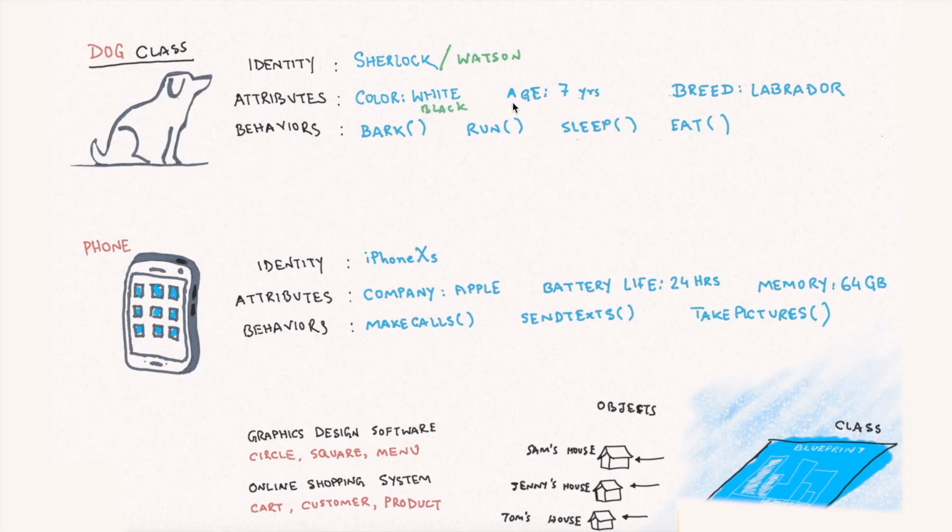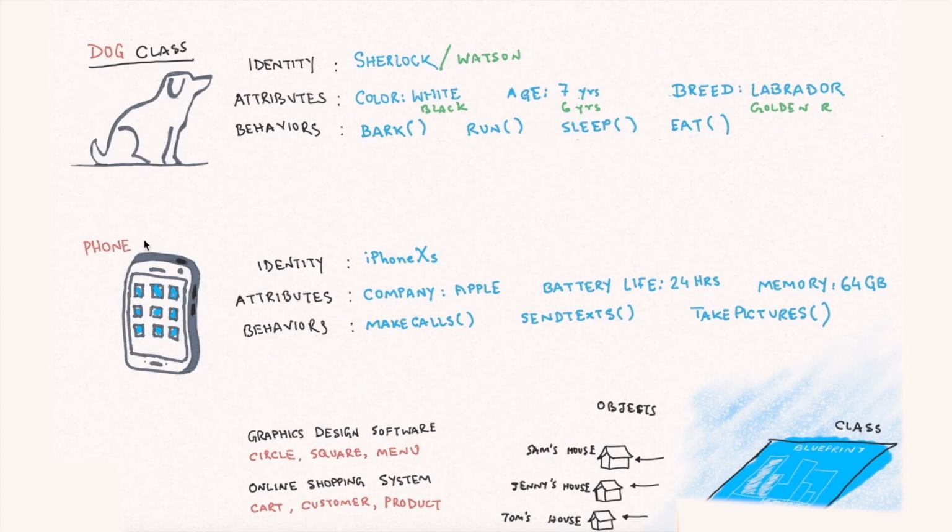And maybe the age attribute for Watson would be 6 years. And maybe the breed attribute for Watson would be a golden retriever. Now, the behaviors would be the same for Watson. In the same way, you can create a third dog and a fourth dog and a fifth dog, but you can create them very easily using the class. And of course, we'll look at how we create the class.